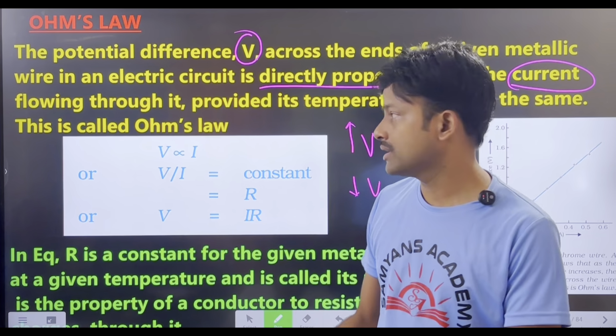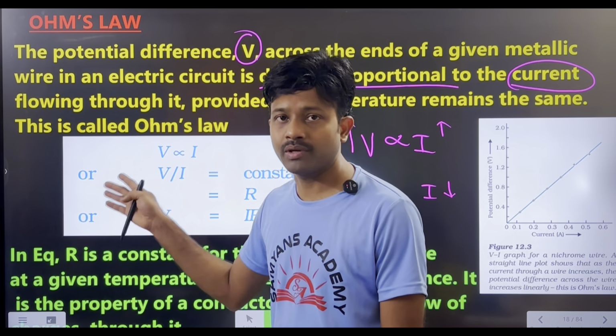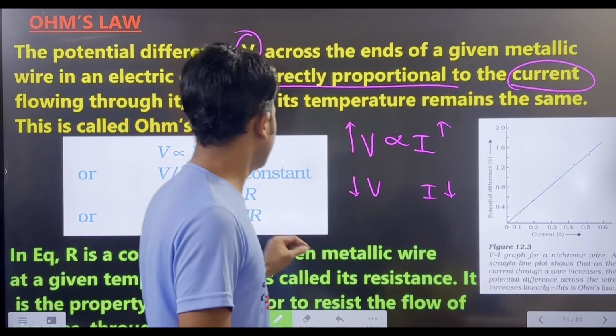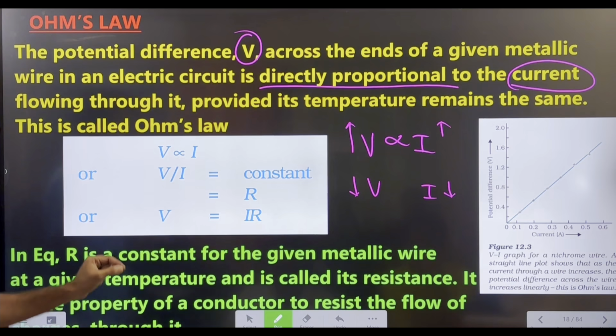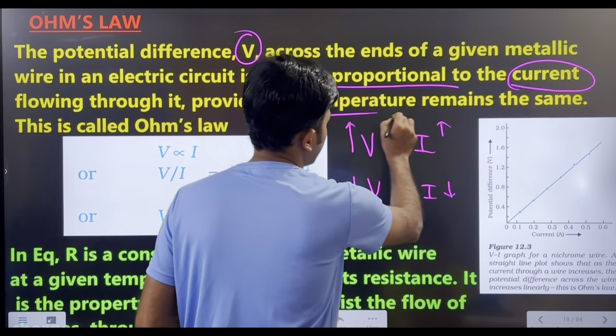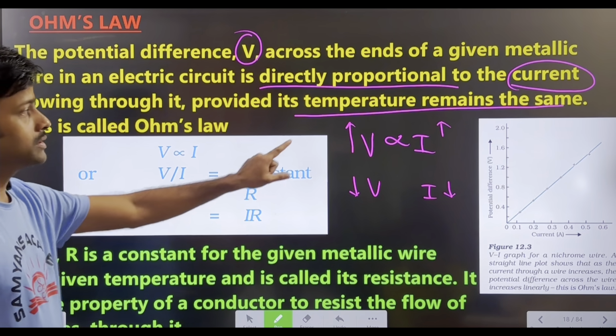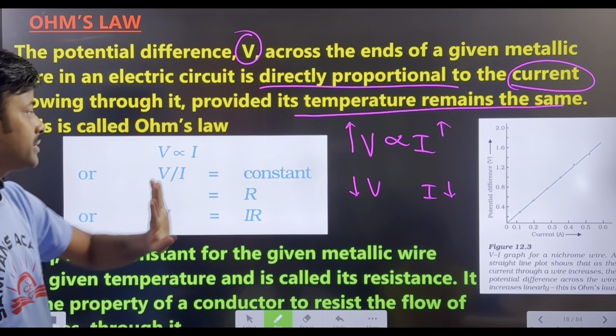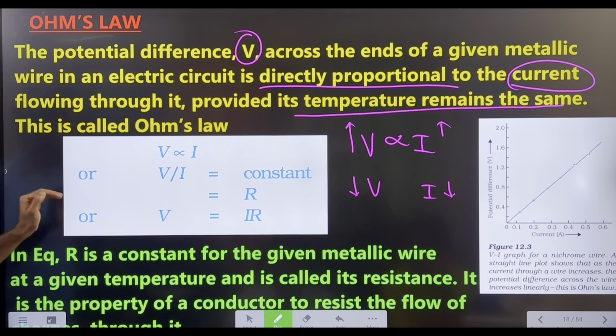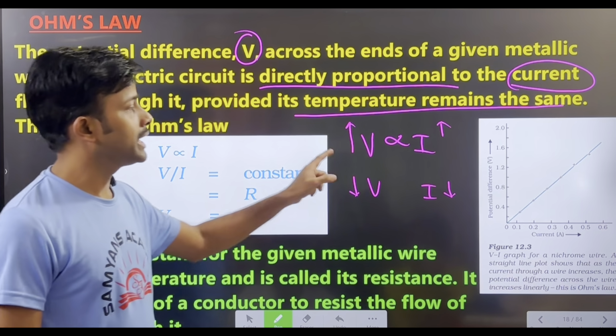If temperature varies, this relation may also vary. So every time while defining Ohm's law, you have to write that temperature remains constant. Don't forget to write this temperature term. Ohm's law gives the relationship between voltage and current.